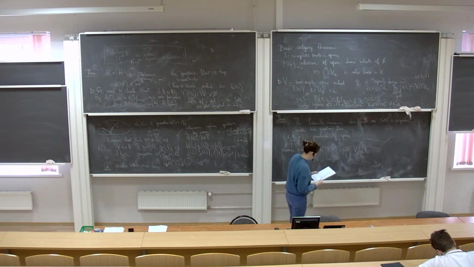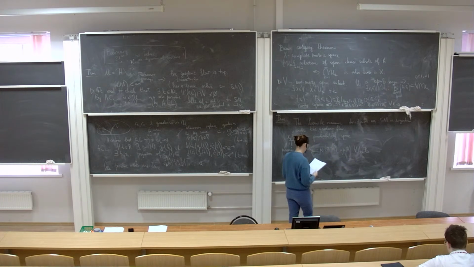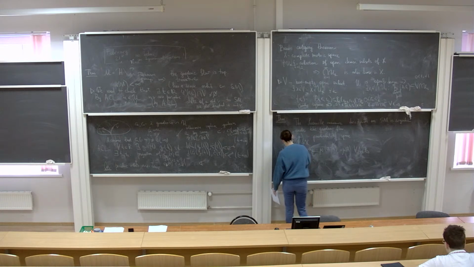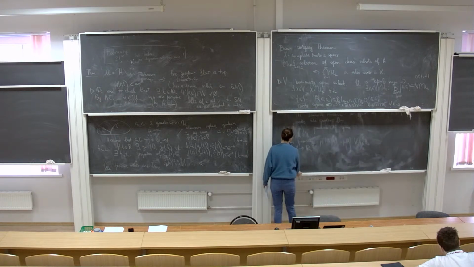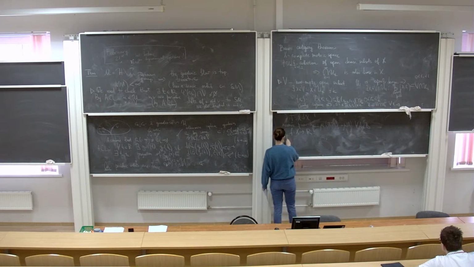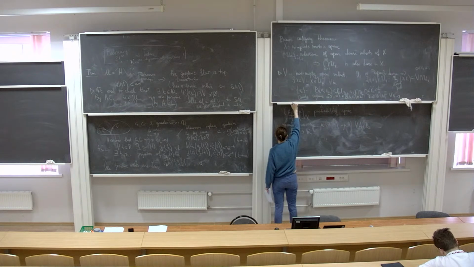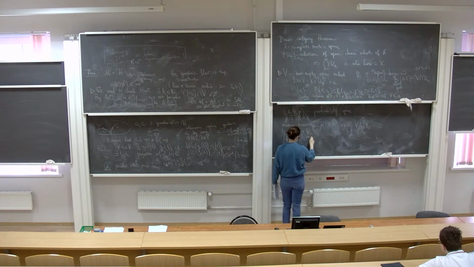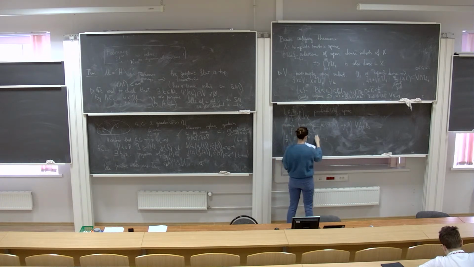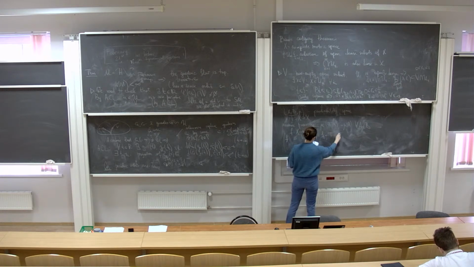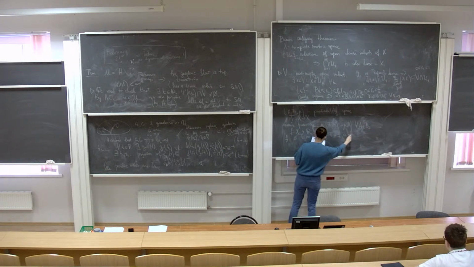We consider a function f that acts on X and takes us to R. I will say that this function is T-invariant if the composition of f and T is f almost everywhere.